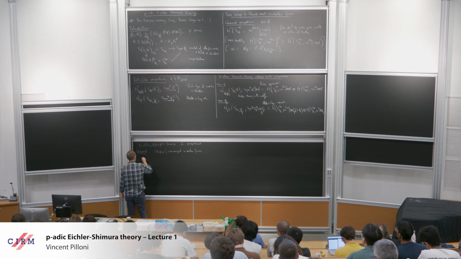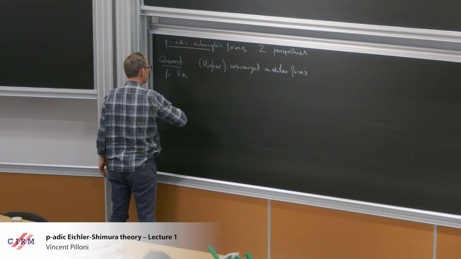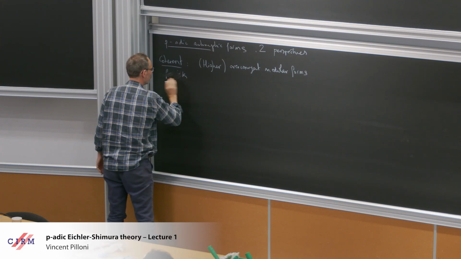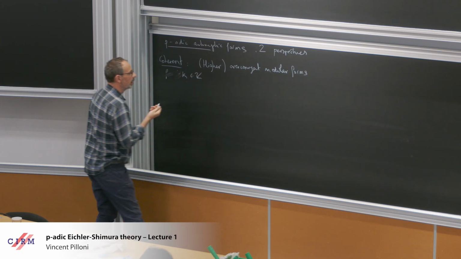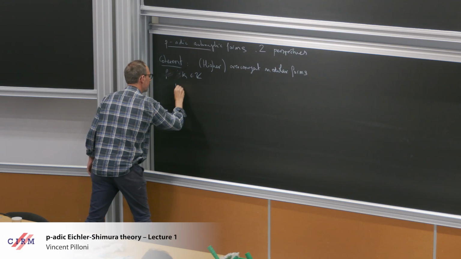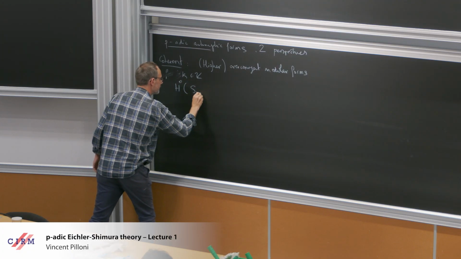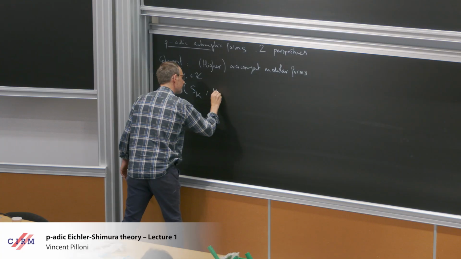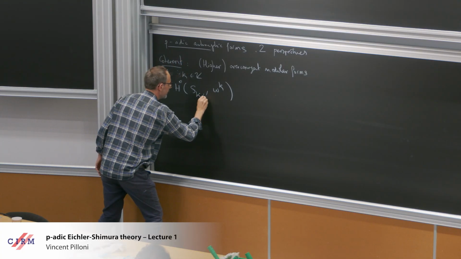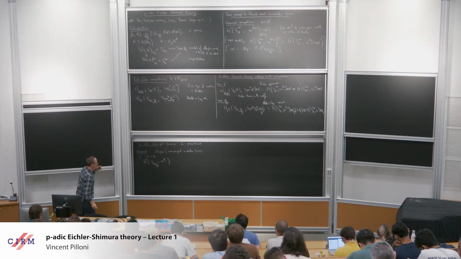So for any k, okay, again let me take k in Z. And what we have kind of seen this morning is that we have the space of classical cohomology. So maybe now I'm secretly over Q_p.